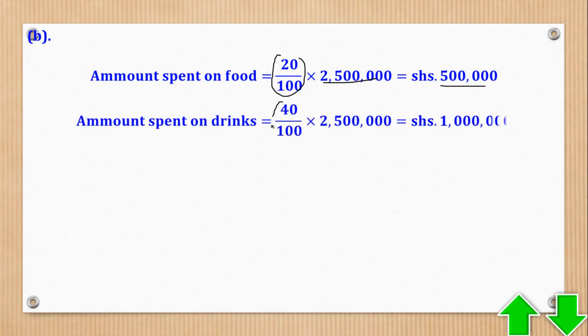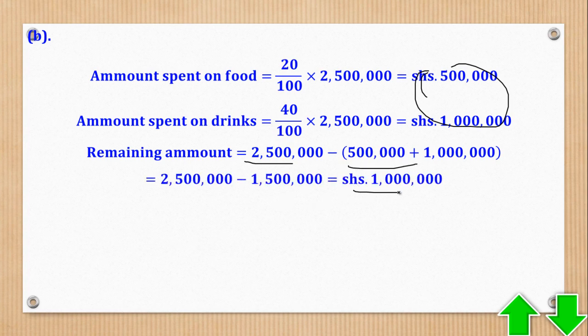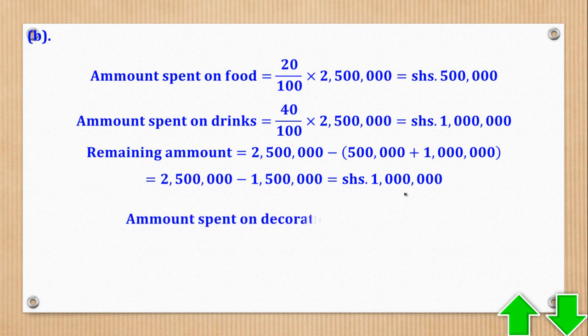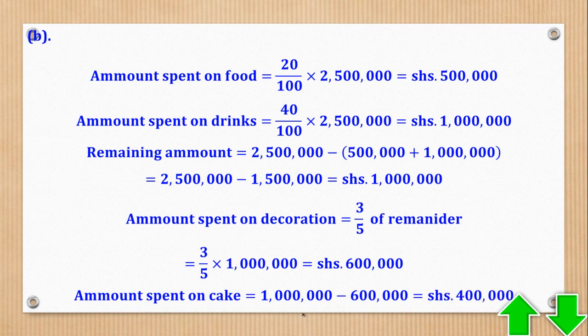Amount spent on drinks was 40% of the 2.5 million to give you 1M. Then the remaining amount is got by subtraction, this minus this total to give you 1 million. Then amount spent on decoration was 3/5 of the remainder, which is 3/5 times this 1M to give you 600,000. And the rest was spent on the cake. So 1M minus 600,000 to give you 400,000. And that's what they wanted in task B.